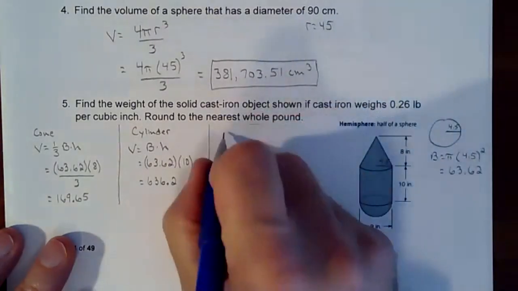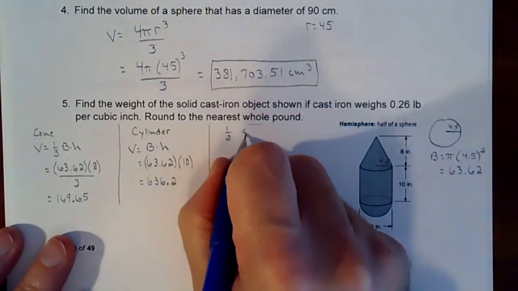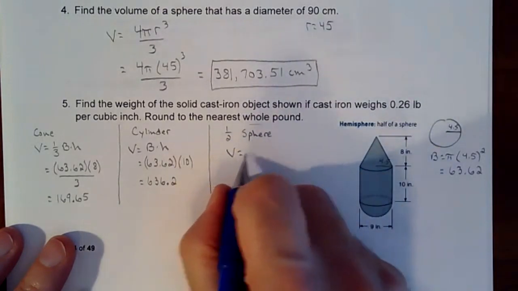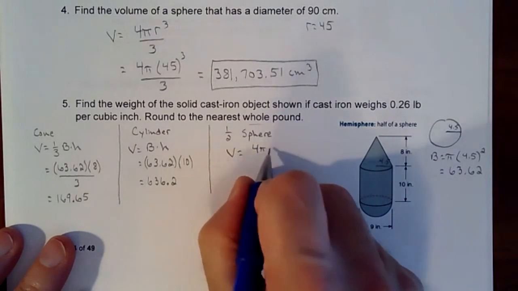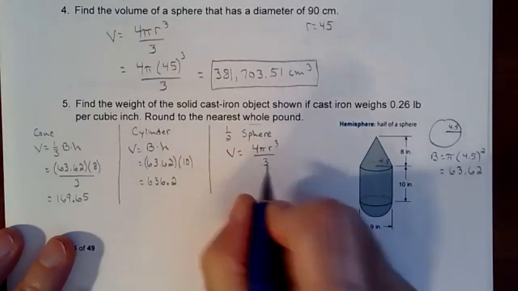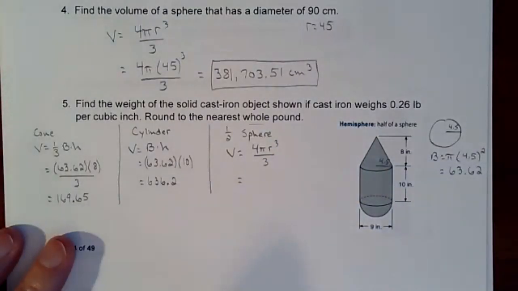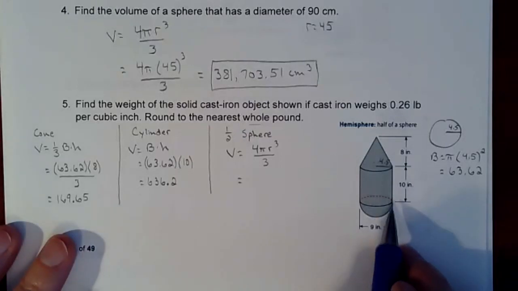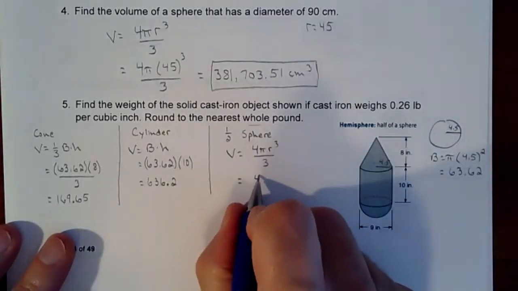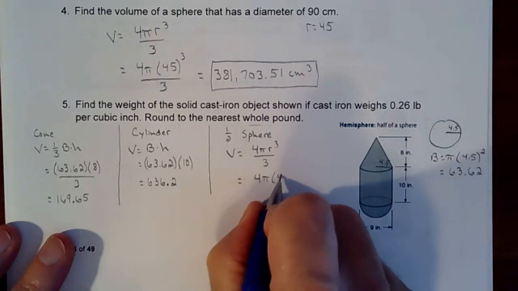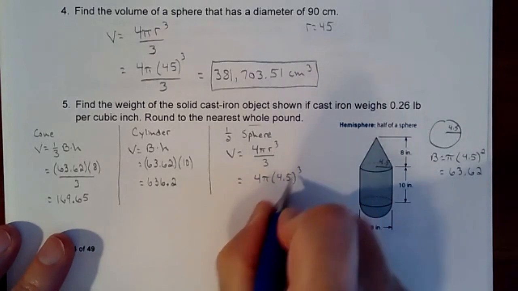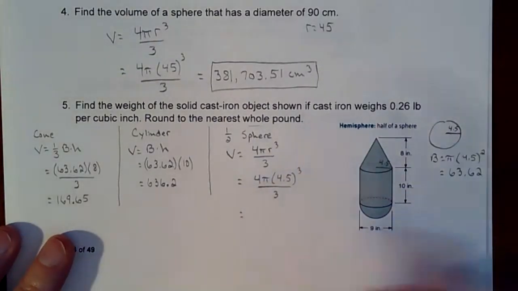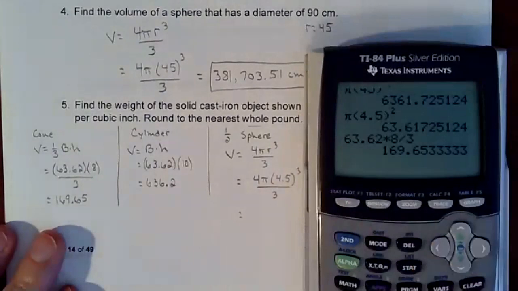And the last one is the volume of a half of a sphere. So volume is its own deal, 4 pi r cubed over 3. It doesn't have a base on it. All it needs is a radius, which is the same as the radius for the cone.